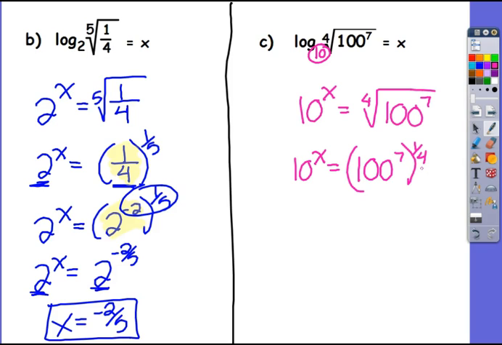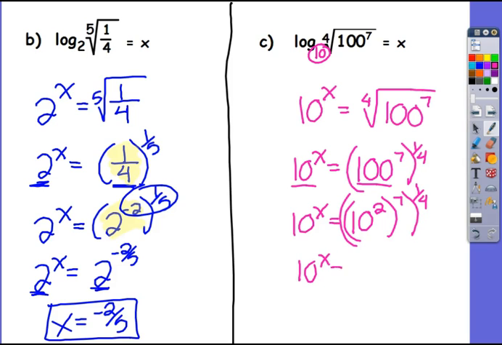Now the left side looks a little similar to the right. I still don't have the same base though. However, 10 can be written, if I square it, 10 squared is the same as 100. So instead of 100, I'll replace 100 with 10 squared. I'm still raising 100 to the 7th power and then to the 1/4 power.